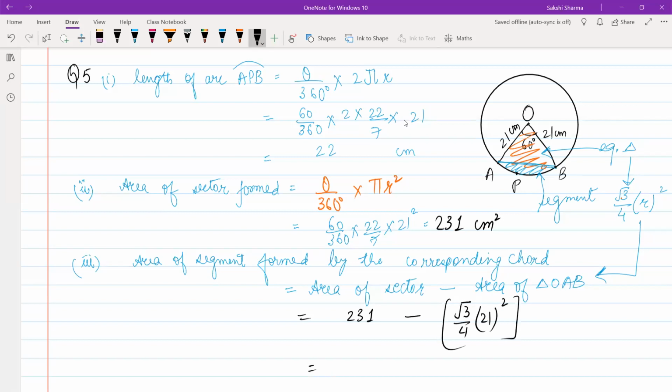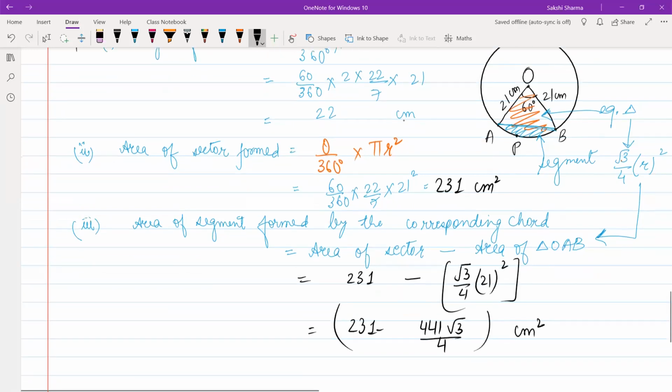They have not substituted the value of root 3. The answer comes out to be 231 minus 441 times root 3 by 4. And this whole is the answer for the area of the segment.